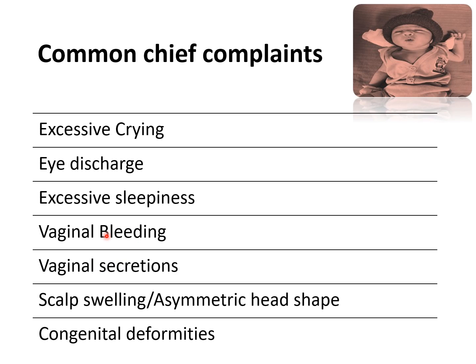So again we have to reassure them. Scalp swelling and asymmetrical head shape are again common complaints. I will tell you in detail in the next video. Congenital deformities are also common in newborns. So we have to first examine, and according to the different deformity we have to give the treatment or advice.